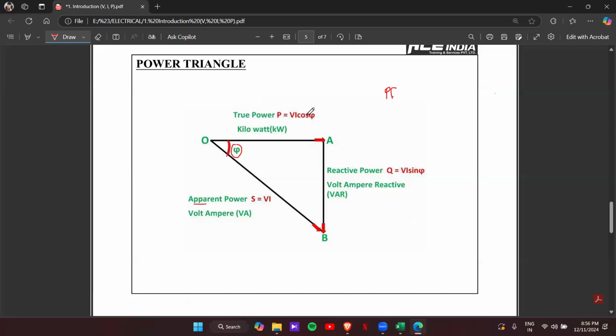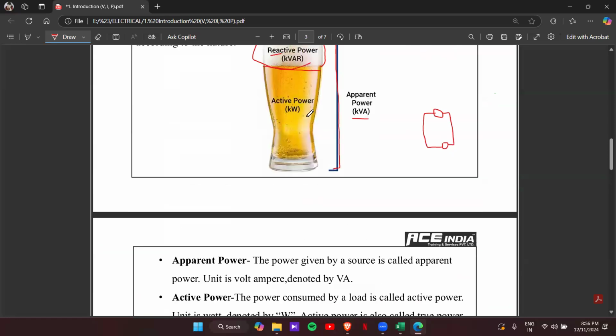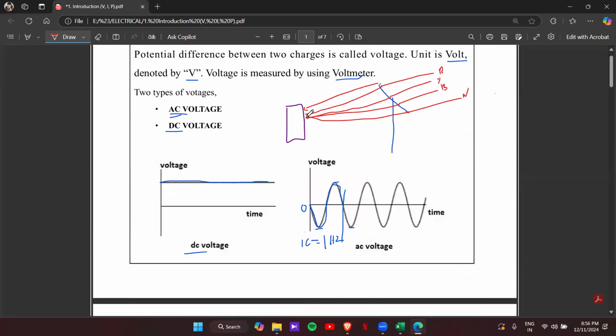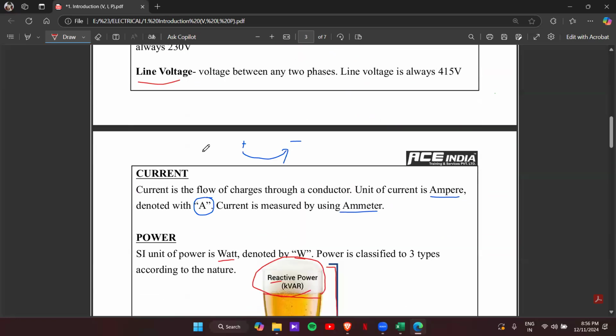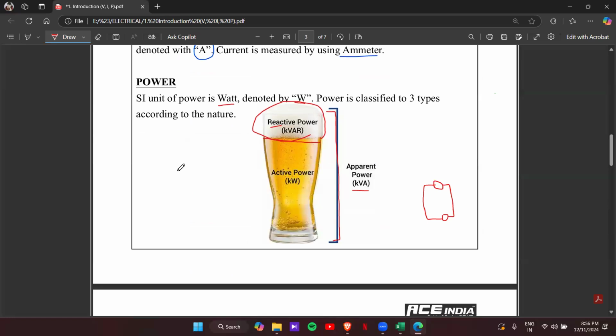In order to simplify this, I'll come back to the power, voltage, and current equation. Voltage, current, and power we already discussed. By these three, we can form an equation, which we are all familiar with: P is equal to VI, that is power is equal to voltage into current.